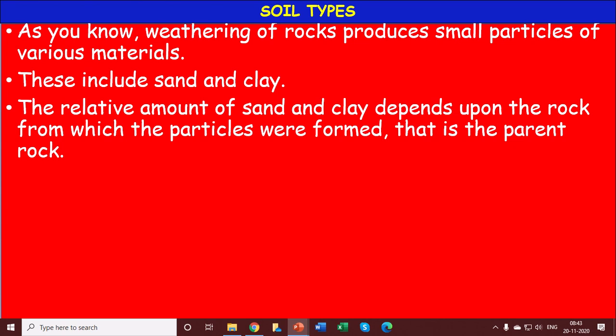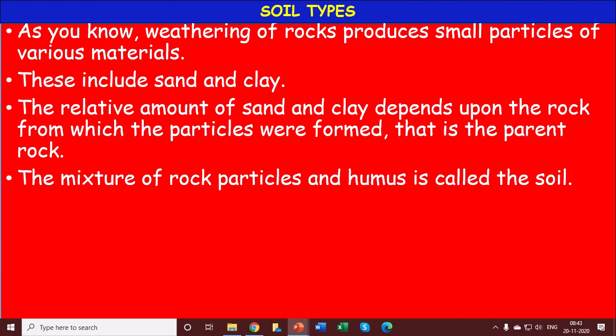That is the parent rock, the parent rock from which the soil particles are formed by weathering, which indicates the composition of the soil.